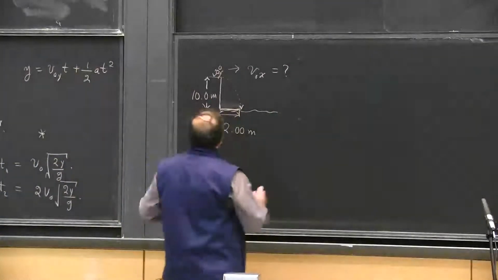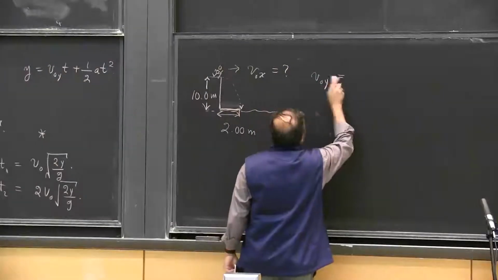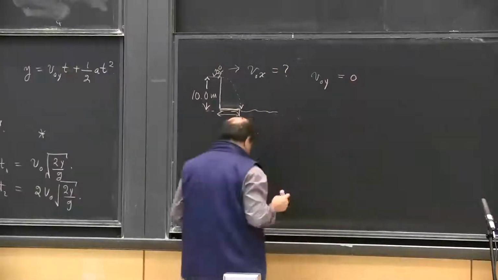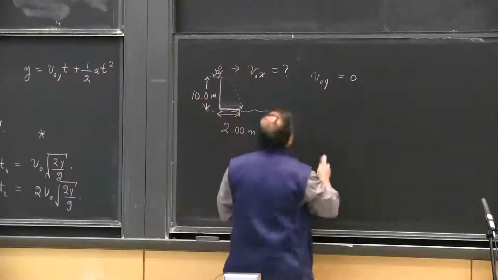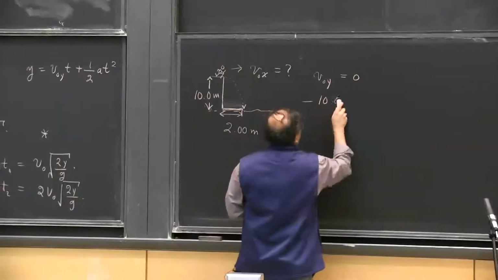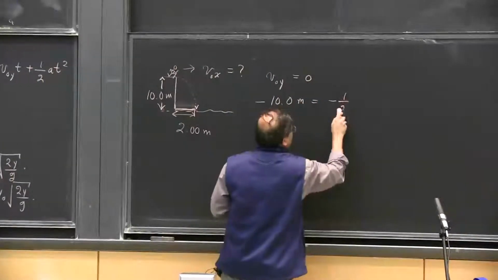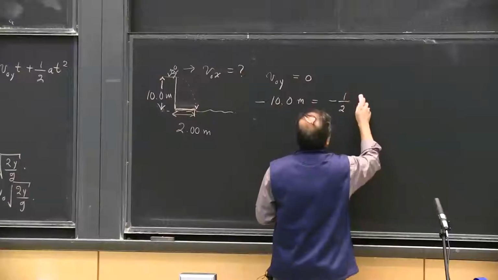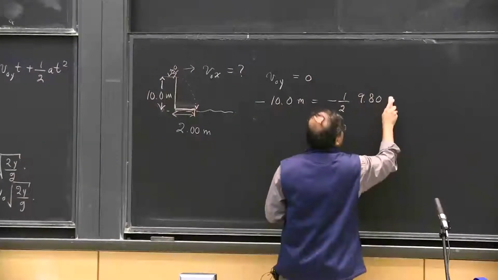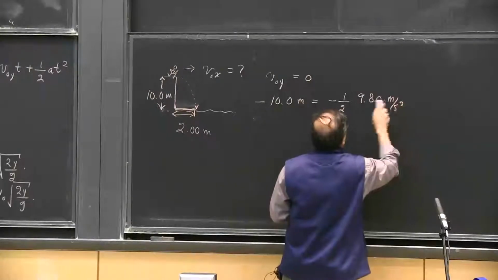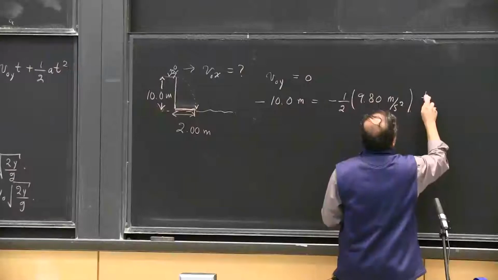So the first thing I'll observe obviously is that v0y, I'm running horizontally, v0y must be 0. So therefore I can immediately write that minus 10.0 meters is equal to minus 1/2 g, in this case g would be 9.80 meters per second squared, times t squared.